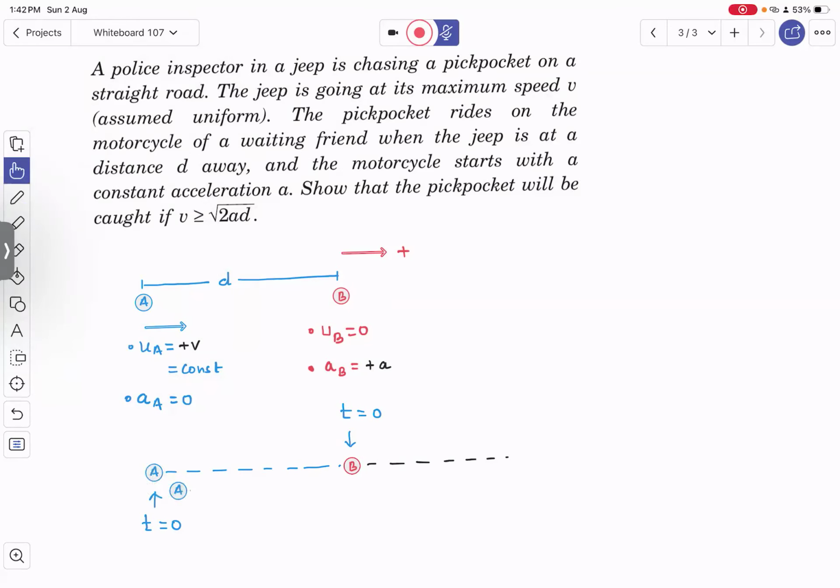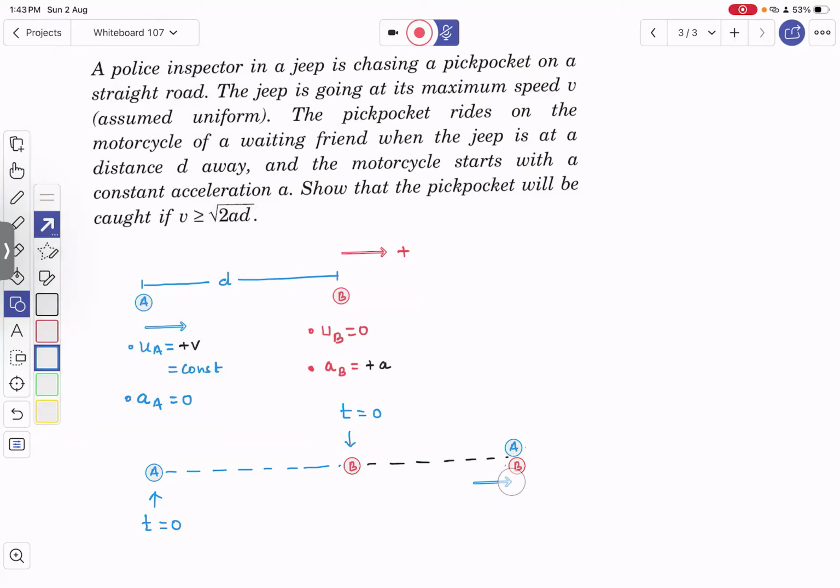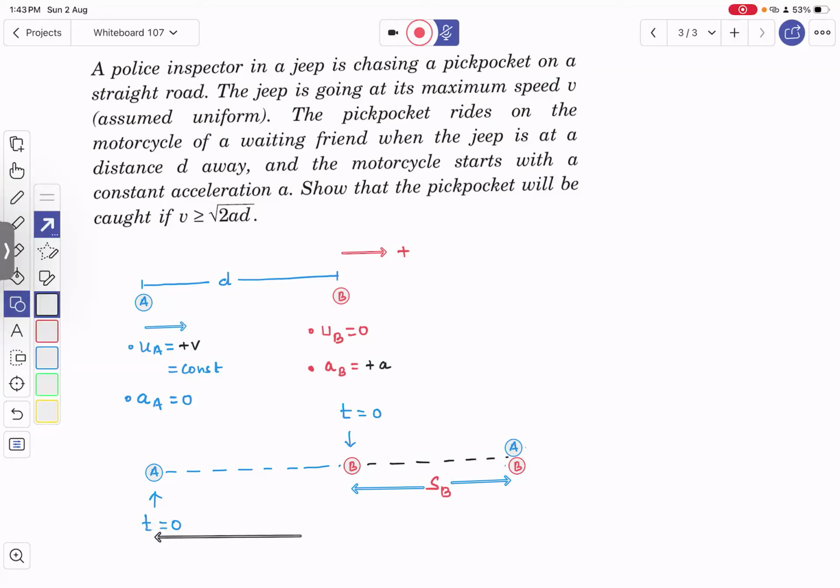Now, at time t, A and B are at the same location. If I ask you how much displacement B has undergone in time t, B has undergone this much displacement. I'll write it as SB, the displacement of B. Now, in the same time in which B has traveled that much, how much travel has A done?